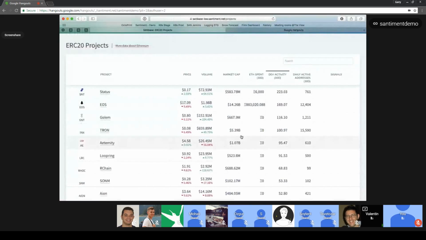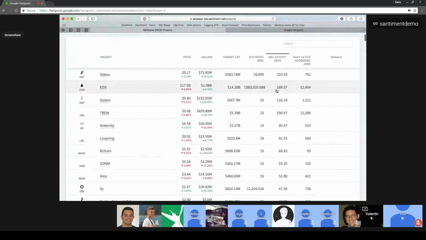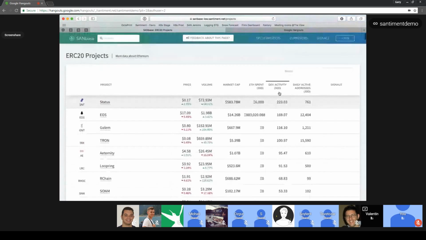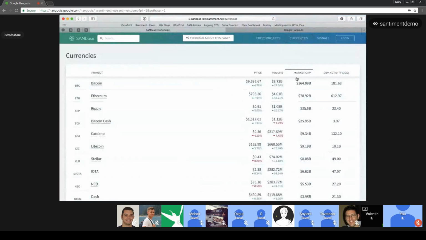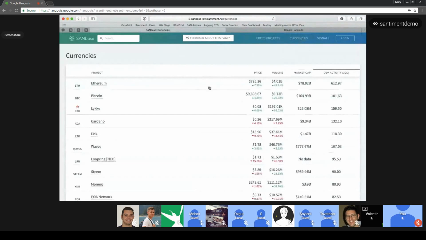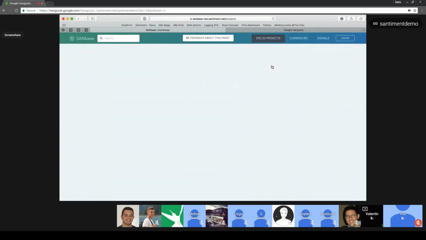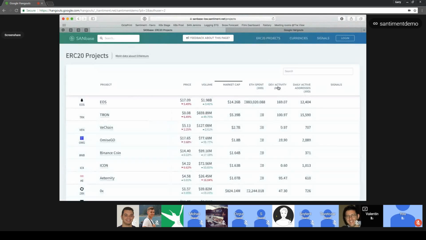So here we are on the screen, and you sort the projects by dev activity. Now you can get an idea of which are the projects with the highest development activity. And what is more interesting is that you see this number, like 200. If you go to, let's say, currencies and sort here, you see Ethereum is actually quite heavily developed, with this 600. We can say that Ethereum probably gets three times more development attention than Status, because Status is like 200.